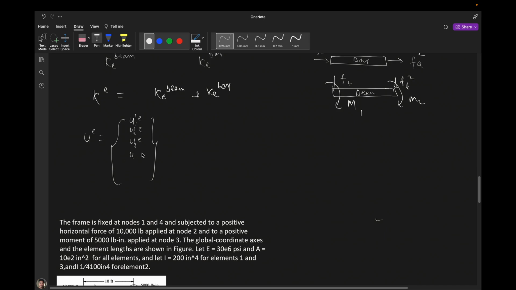Similarly for node 2, I can write u1, u2, u3 with 2 2 2, and e e e.